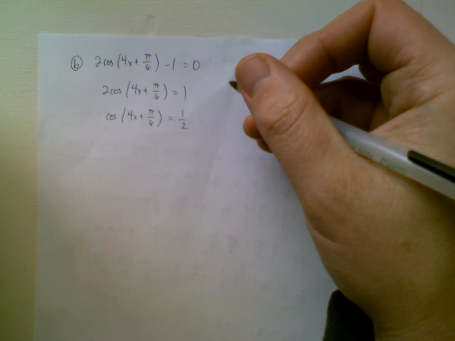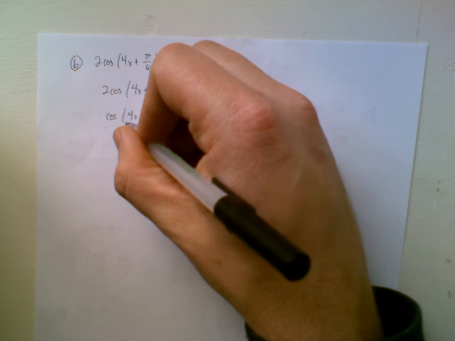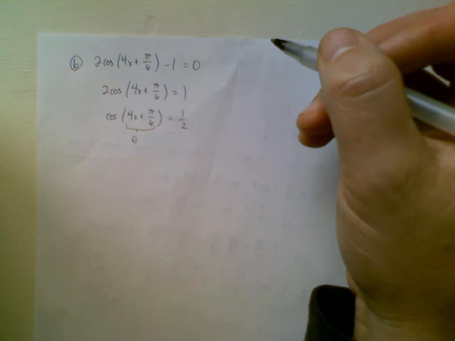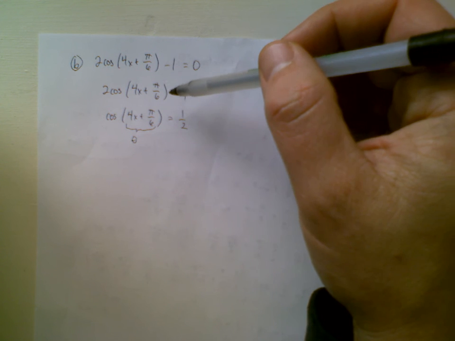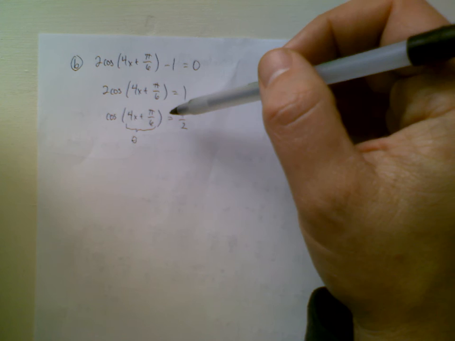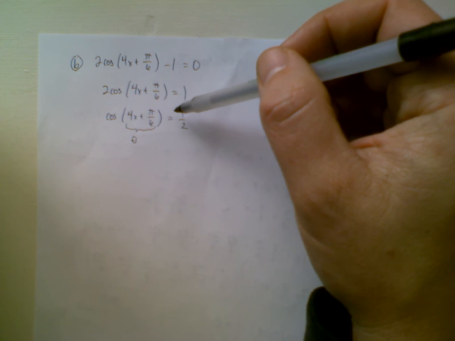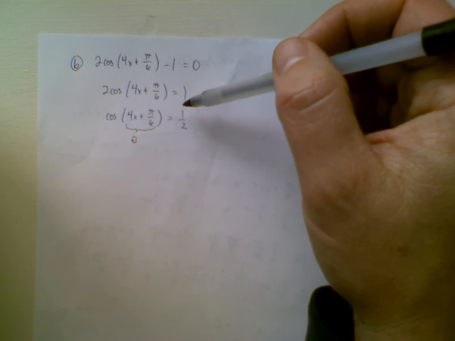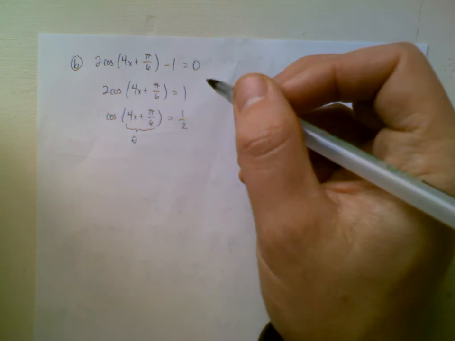Now at this point we apply one of our rules. Keep in mind that this entire thing we're thinking of as theta, right? And so the rule for cosine was if cosine θ = k, then θ = cosine inverse of k, or θ = 2π minus cosine inverse of k. So in this case, instead of theta, I'm going to do 4x + π/6.